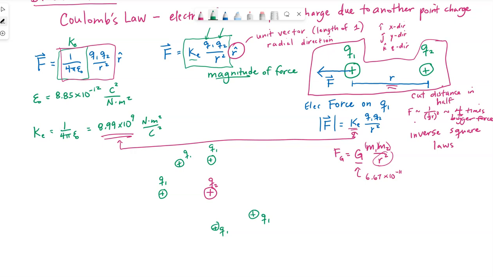As long as the distance between Q1 and Q2 is the same, the magnitude of this force is going to be the same, regardless of where Q1 is located. So as long as the distance is the same, the magnitude of the force is the same. This one's a little off. Let me draw it better.